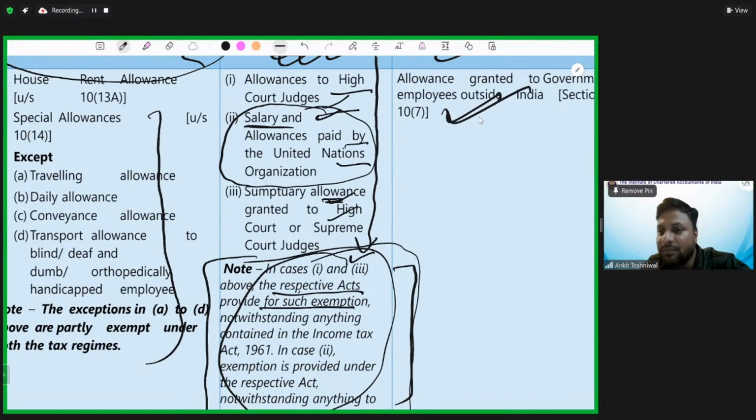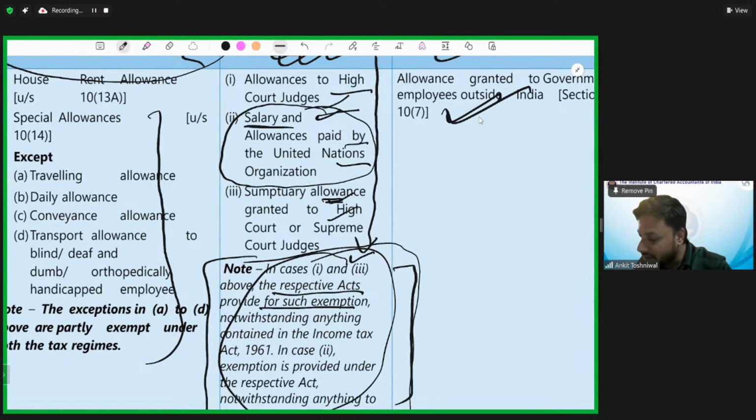Even if the Income Tax Act does not allow it, they are allowed by overriding the provisions of the Income Tax Act. You understand the meaning of overriding? Yes, sir. Nullifying the provisions of the Income Tax Act.